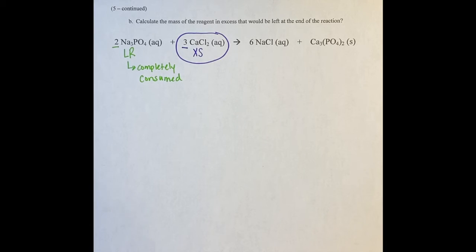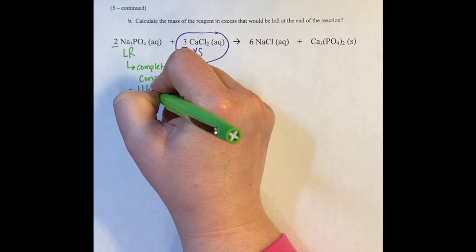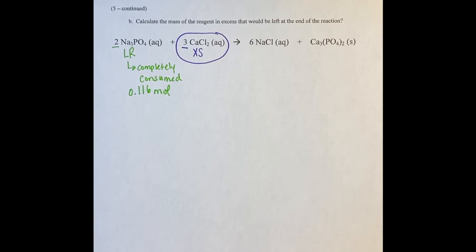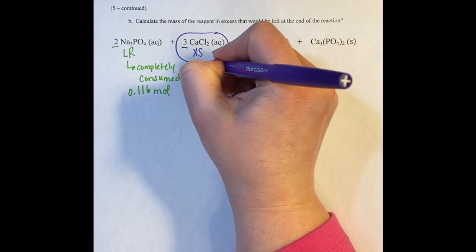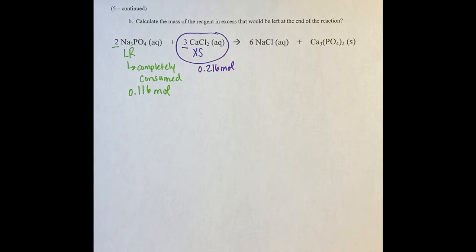In our calculations from part A, we know that we had 0.116 moles of sodium phosphate at the beginning of the reaction. And because that's the limiting reagent, all of that was consumed. We also know from the information in part A that we had 0.216 moles of calcium chloride at the beginning of the reaction.